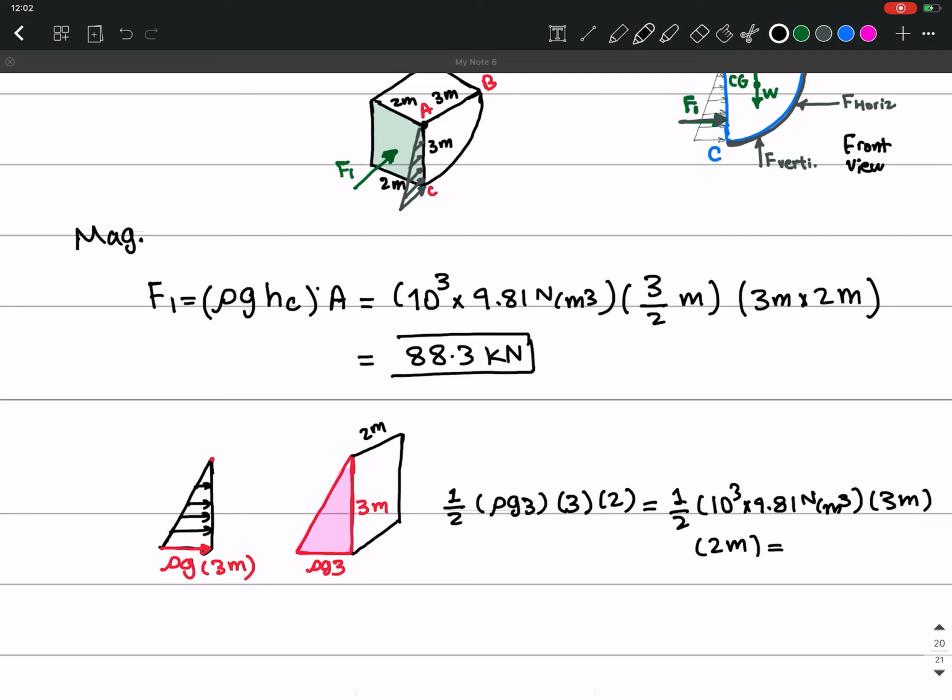And if you see, this equals to... yeah, I forgot something. I have 3 meters here too.